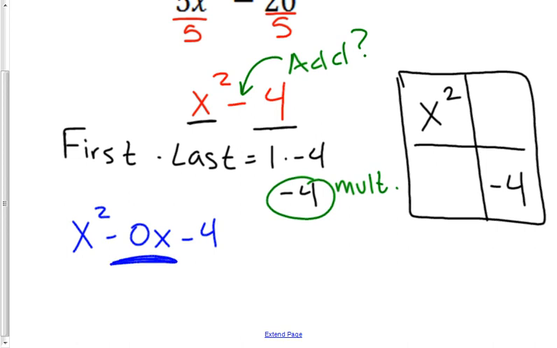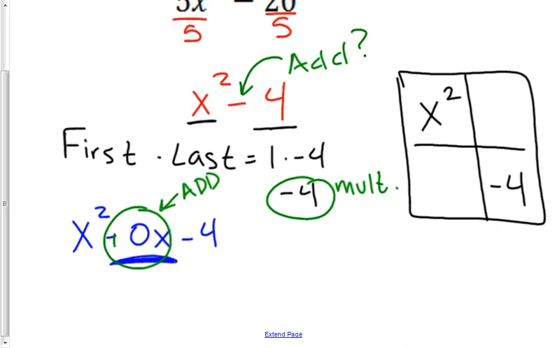So our middle term is actually right there. It's hidden, it's 0, which is why you don't see it written originally. So it needs to, sorry, let me backtrack a second, I said that incorrectly. Multiply to negative 4 and add to 0. Okay?